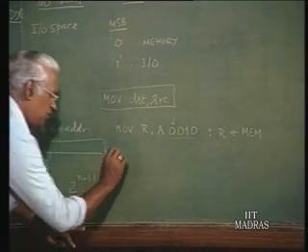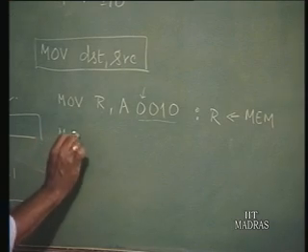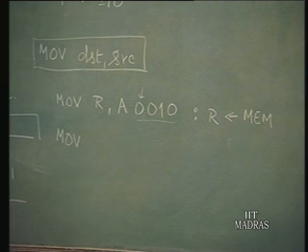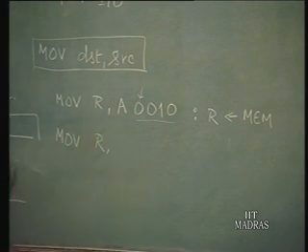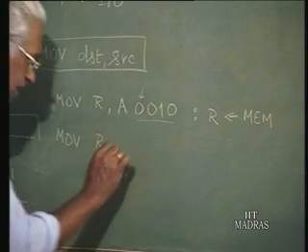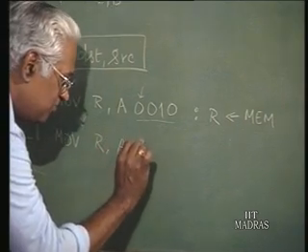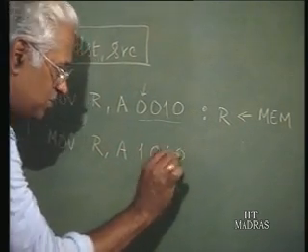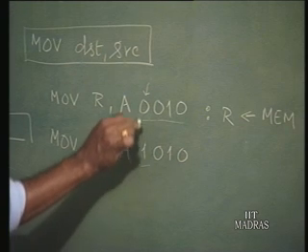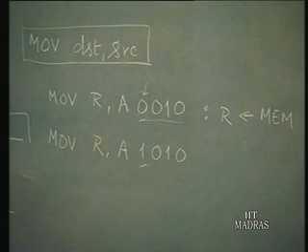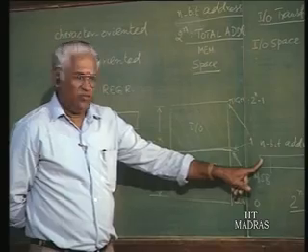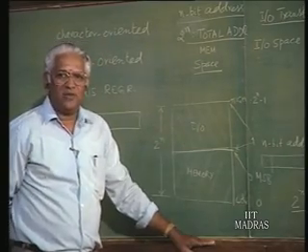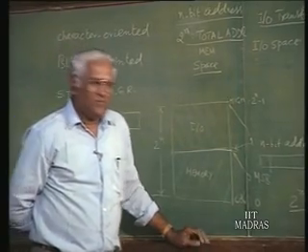Now, the same instruction I will use move, right. I will use the destination same register R. The address I am just making a small change. What is that? Instead of the MSB 0, I am making it 1. Now, what does this mean? We have said earlier, if MSB is 1, it refers to IO address. Now, what is the effect of this?